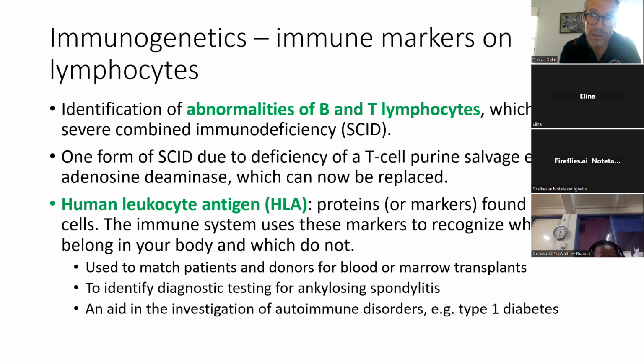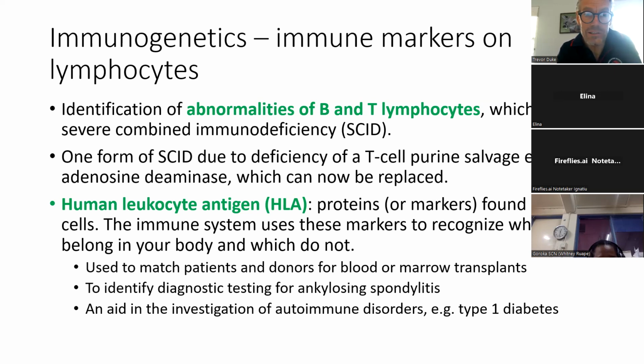There are certain immunodeficiencies related to abnormalities on B and T lymphocytes that lead to a severe form called severe combined immunodeficiency, or SCID. Those children look quite like they've got fairly advanced HIV, but it has a genetic basis rather than being related to the virus.